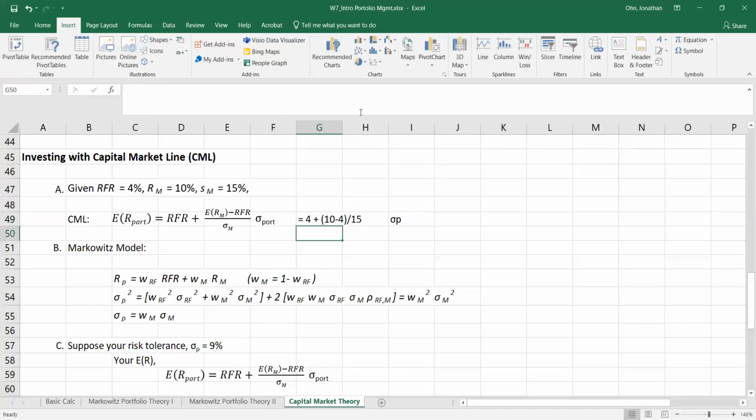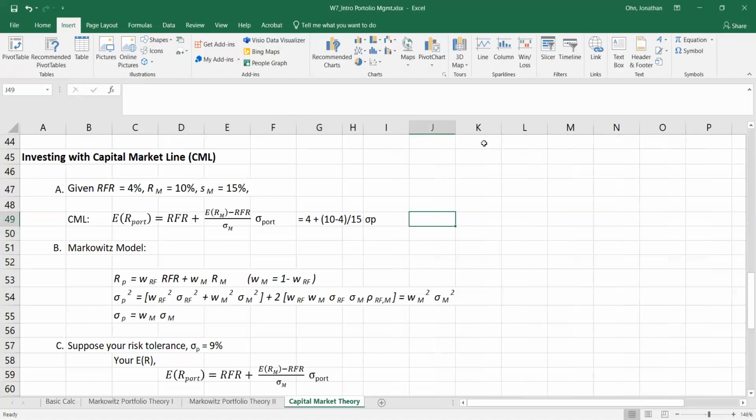That is the market, that's the capital market line. So 4 plus 6 divided by 15, which is 2 over 5, and 2 over 5 is 0.4.